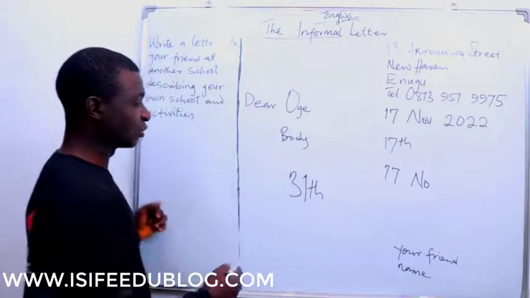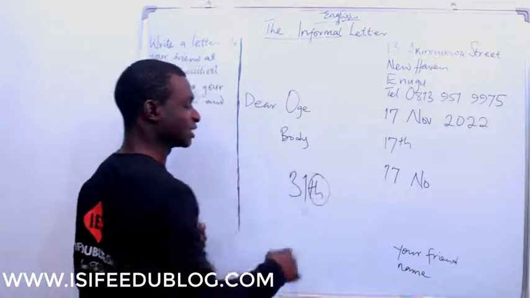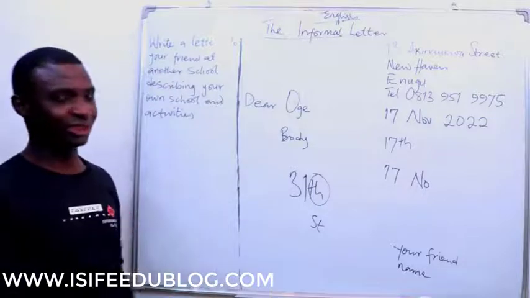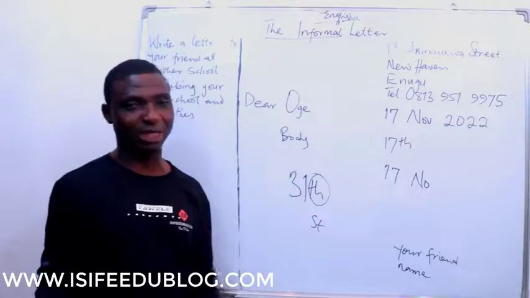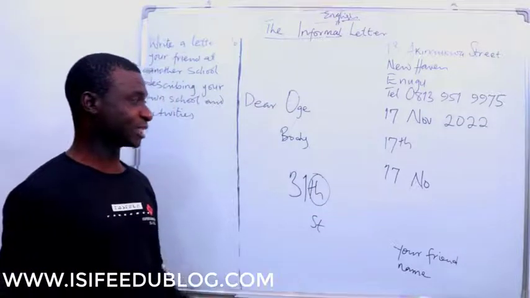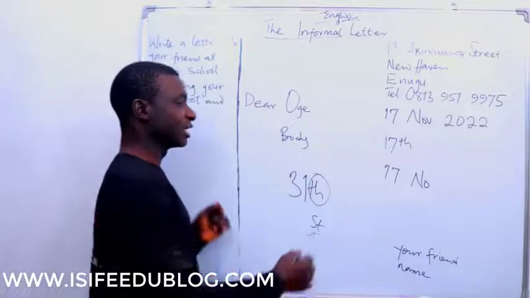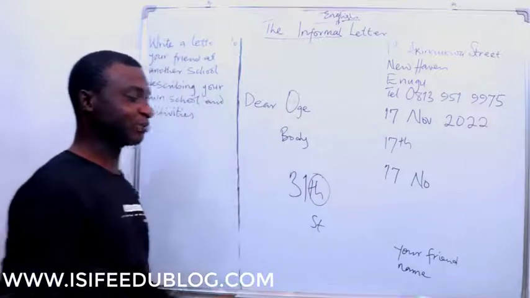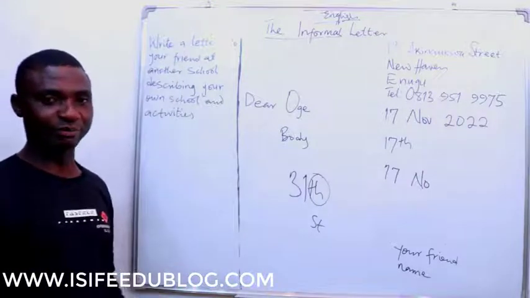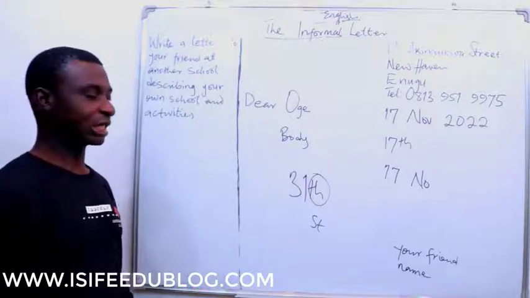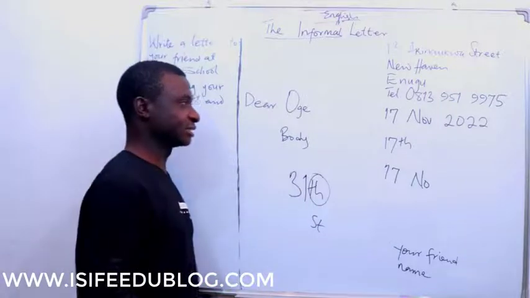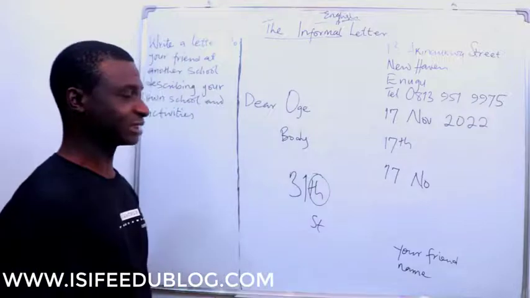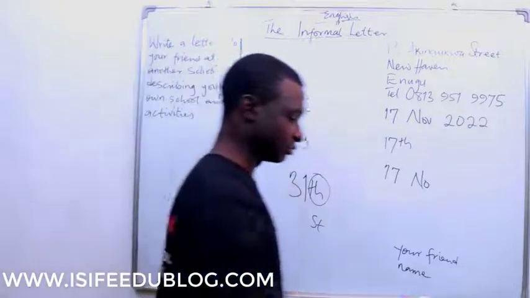If this person knew that the use of this TH is not even necessary, the use of this ST is no longer necessary, this person would have simply written 31. So why I'm telling you this story is that in decorating these things, you are bound to make mistakes. Leave them. We no longer need them. Your date is simply an adverb of time. So the TH, the ST is not required anymore.